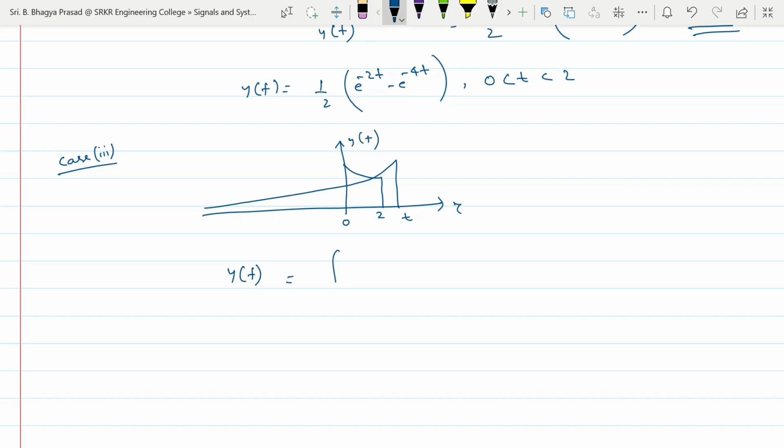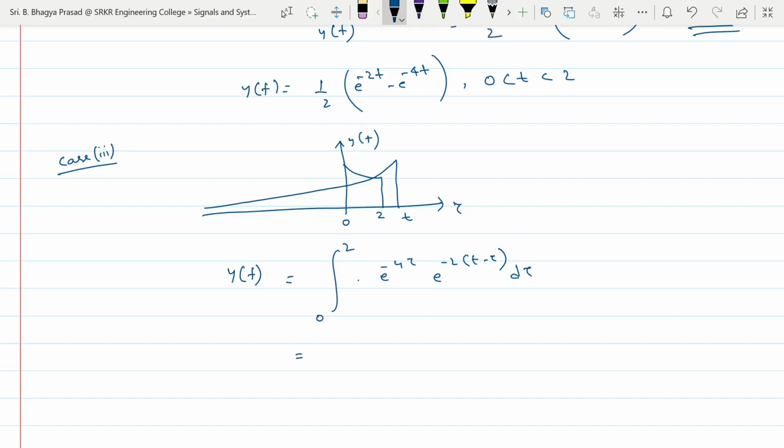Y of t will be the integral 0 to 2 of e power minus 4 tau times e power minus 2 t minus tau d tau.